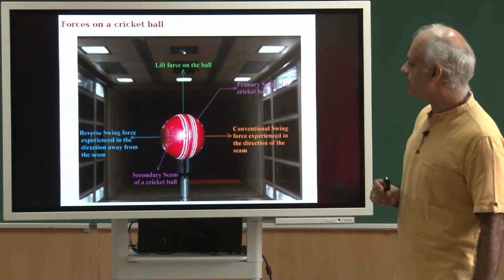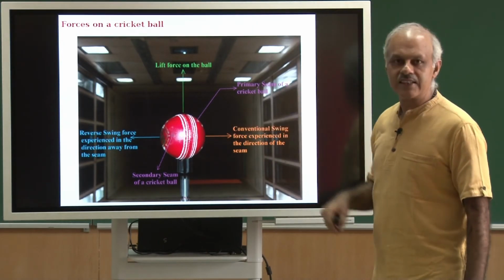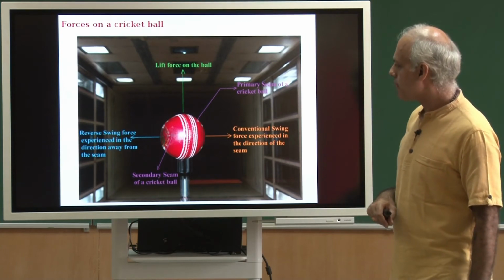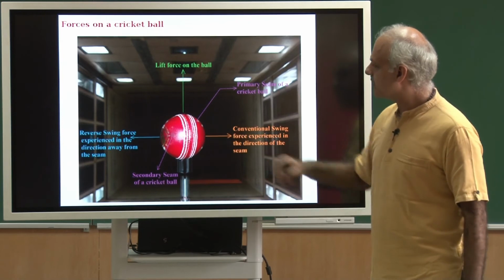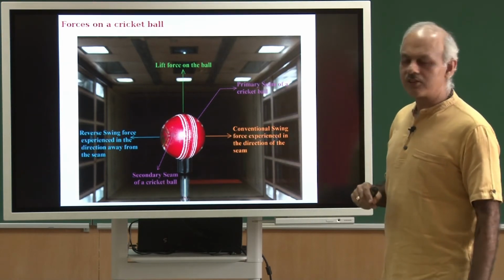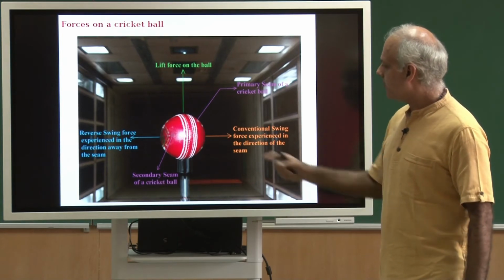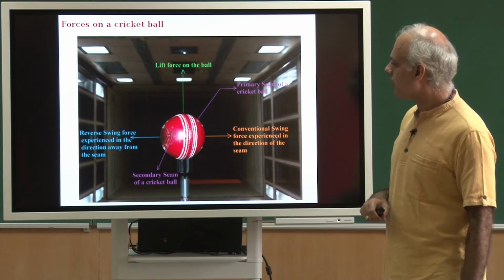Okay, first the convention. So the flow is going into the screen of the computer or your mobile phone, wherever you are watching, and that's the seam orientation. The lift is in the vertical direction. We are not so much interested in that. We are interested in the side force because that gives the lateral movement of the ball.